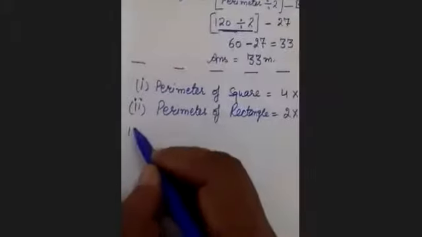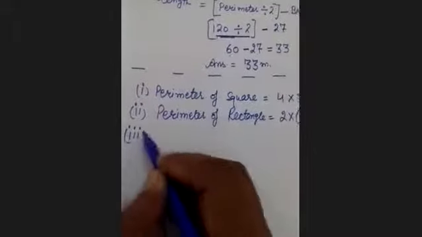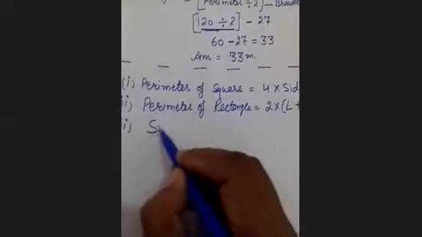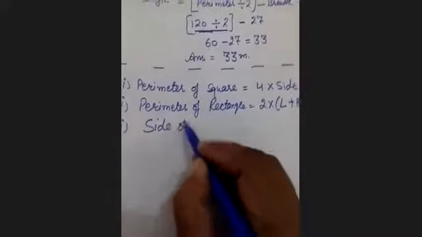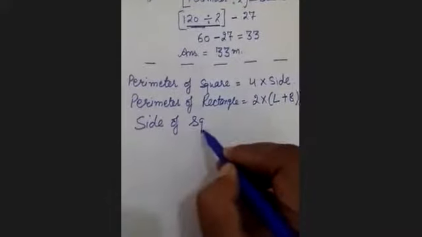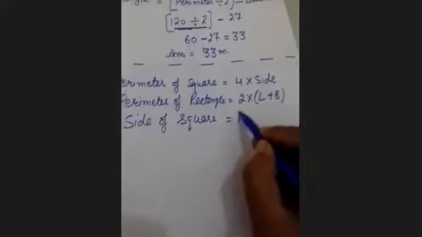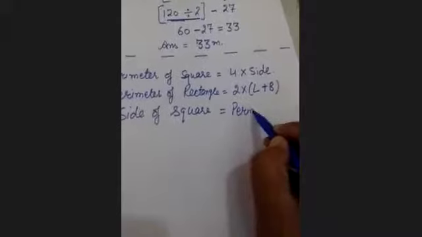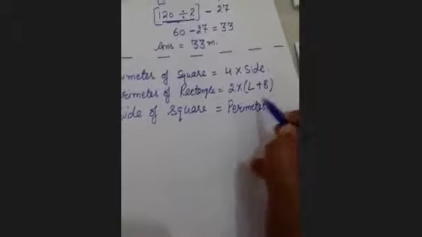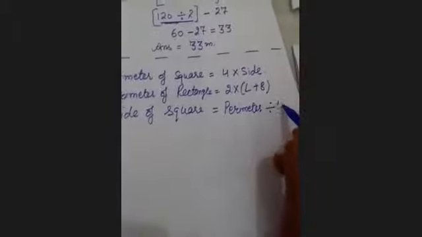Third point is side of square. Side of square is perimeter divided by 4.